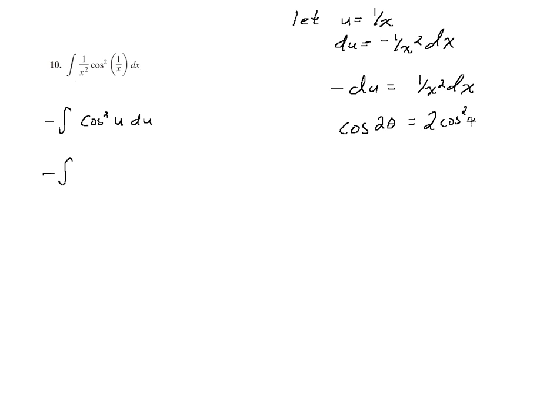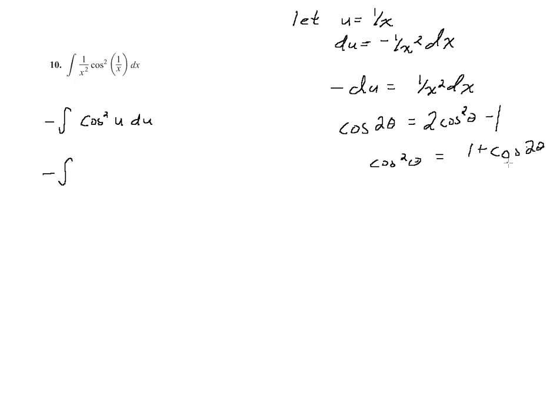And if I solve for cosine squared, because notice that's what I have right here, then I would get cosine squared of theta. Remember, if I added 1 to both sides and then divided by 2, I would get 1 plus the cosine of 2 theta over 2.